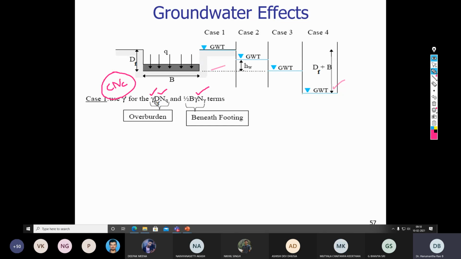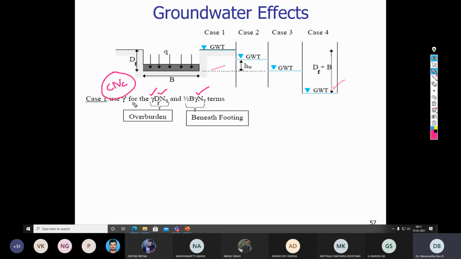As we have understood from the fundamentals of soil mechanics, when you talk about density, you can talk about bulk density, dry density, submerged density, and so on, depending upon the moisture condition or the groundwater table condition. So when the groundwater table rises to the ground surface or lowers, you should manifest the same effect in this gamma value.